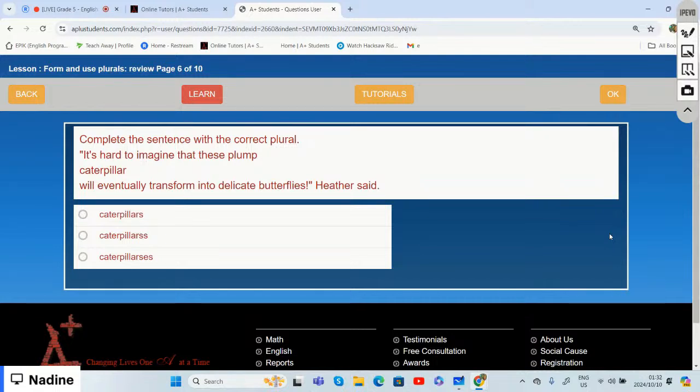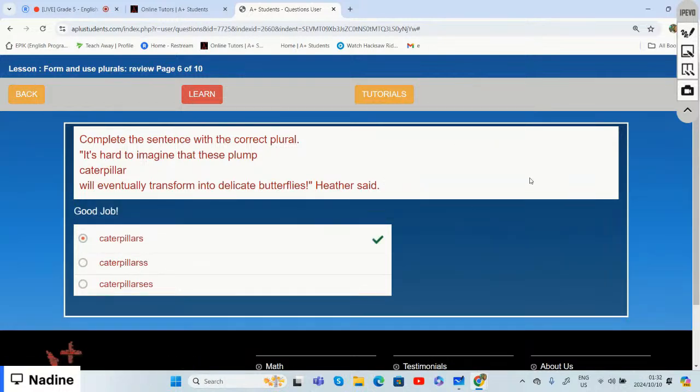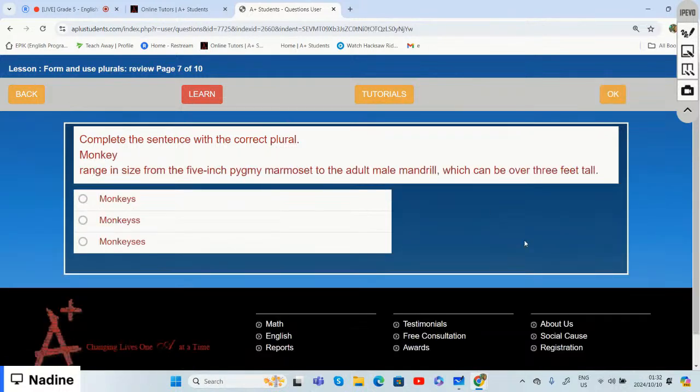All right. So caterpillars. So we said option one for caterpillars. Well done.